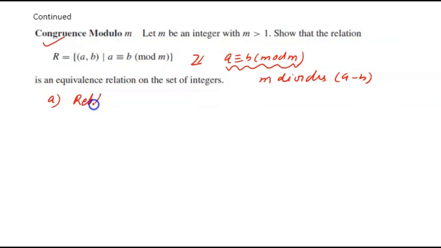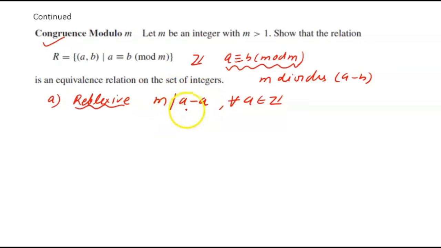First we check the reflexive property. What is the reflexive property? We know that m divides a minus a for all elements a in the set of integers, right? Because a minus a is equal to 0, so if you take any element and subtract it from itself, you will get 0.